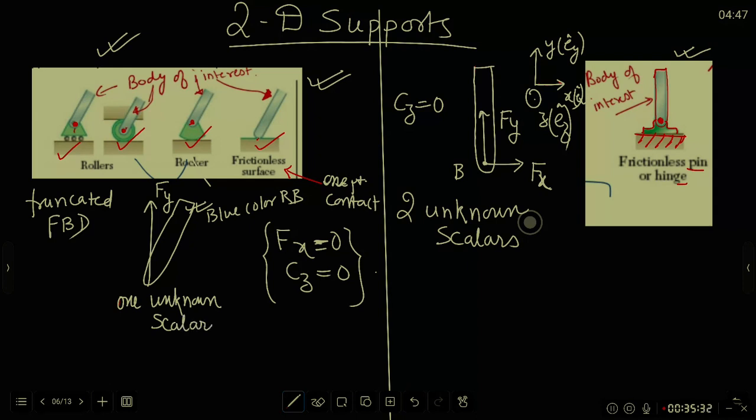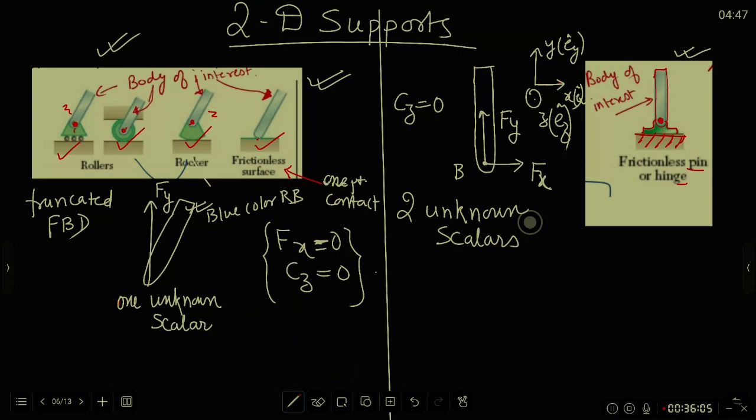Now, in the first three cases, rollers and rocker, pay attention to this, even though it looks like, from the way the drawings have been made for the rollers and the rocker support, that if somebody tries to lift, at least for this and this, it looks like there will be no Fy. Looks like.